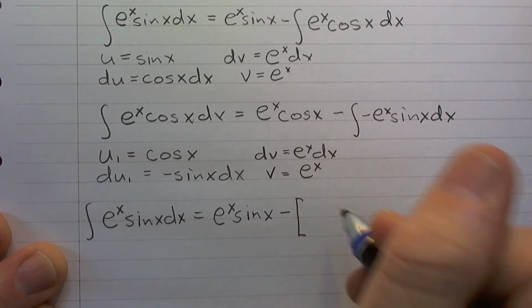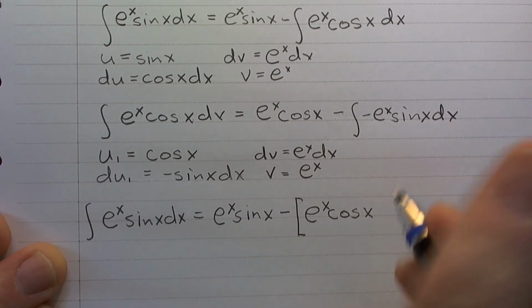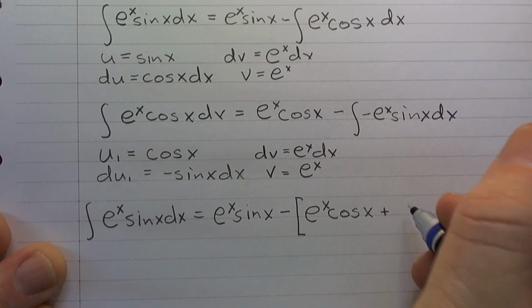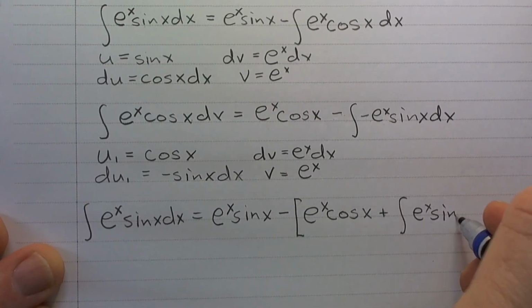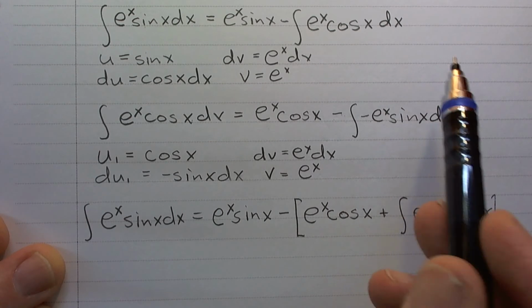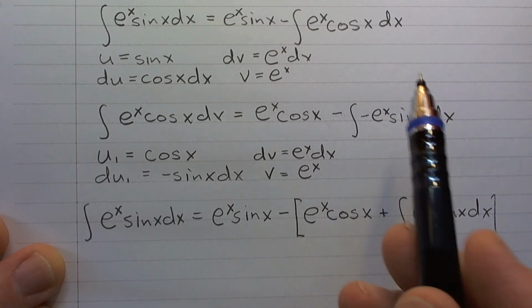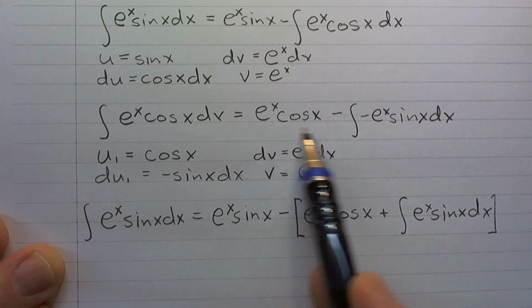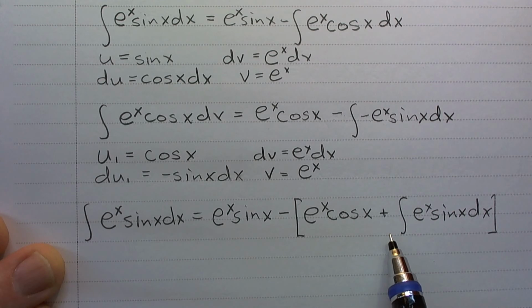So let me just open a bracket, and I have e to the x cosine x, plus the integral of e to the x sine x. So all I did was, in place of this integral right here, I just put all of this. And there we have it.